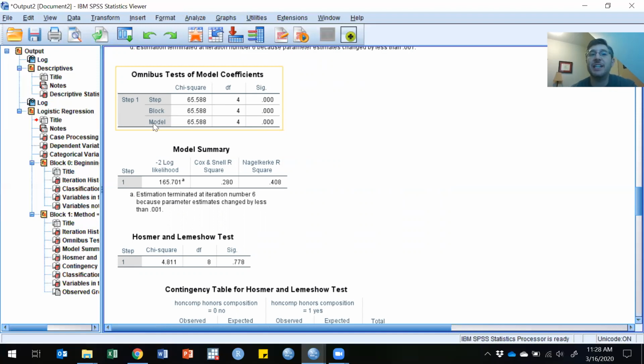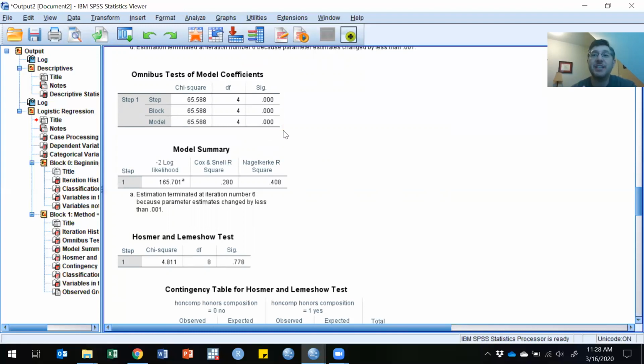We want to see that, yes, our model is doing a better job of predicting membership in that honors composition course compared to our null model.